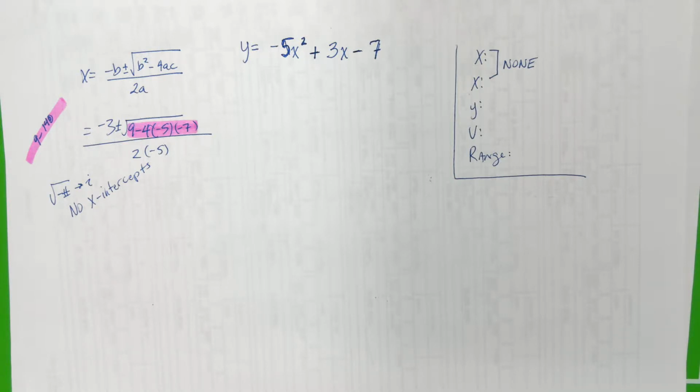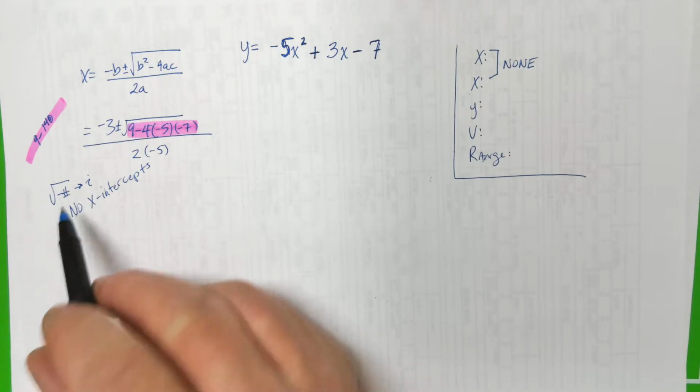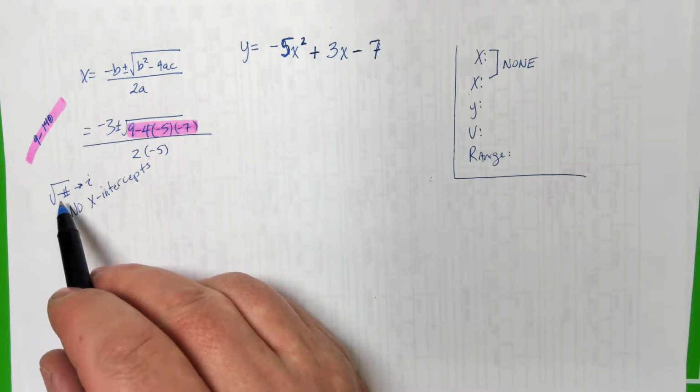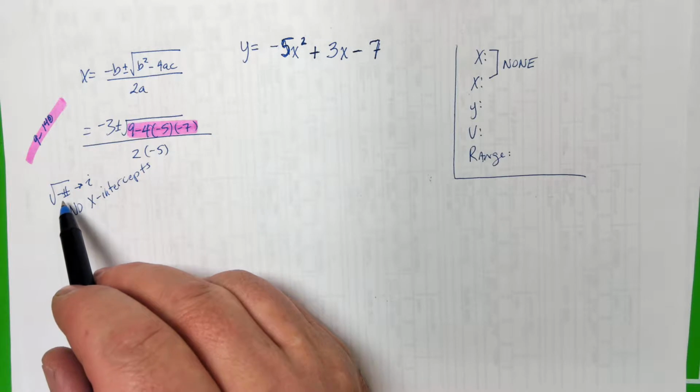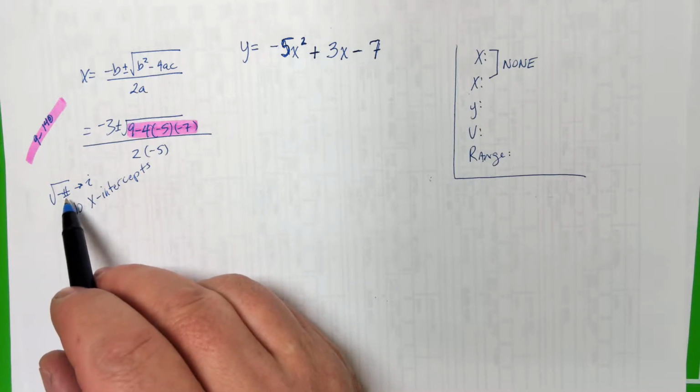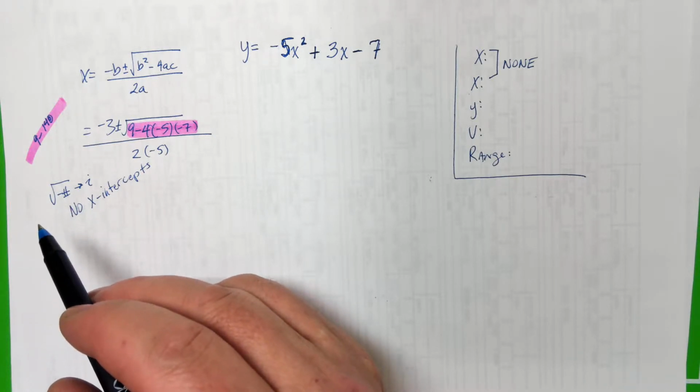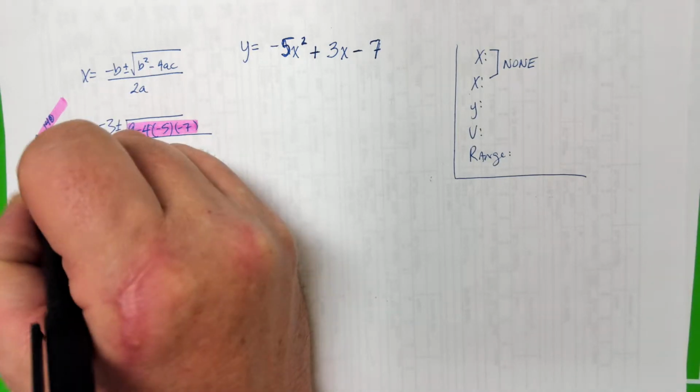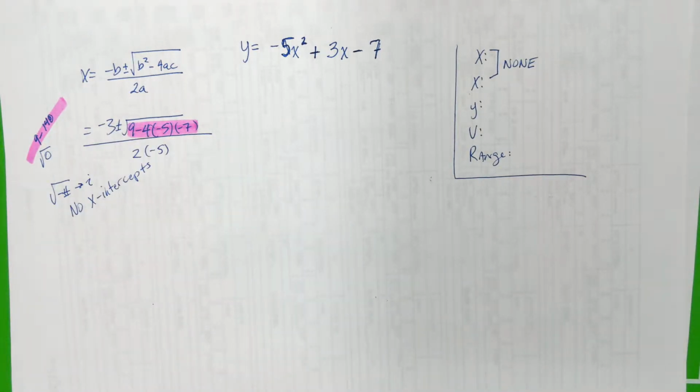So there has to be a negative number inside the square root for it to be no x-intercepts. Negative square roots are imaginary. Now if this was 0, there would be exactly 1. If this was a square root of 0, when you were done, it would be 1 answer. 1 x-intercept.